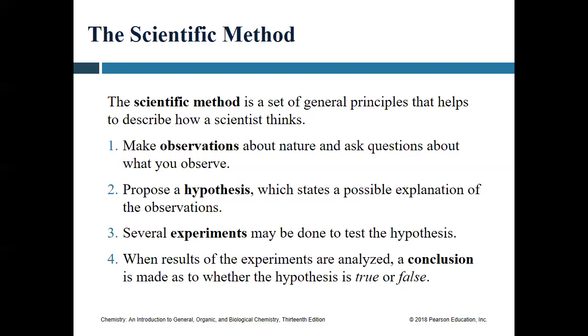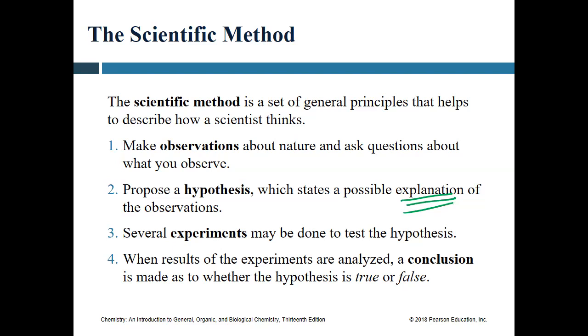But when you go through this kind of methodology, this overall process, there are going to be some steps that you take along the way. One of them is making observations. One of them is trying to come up with some kind of an explanation for those observations. And that's where we come up with this idea of a hypothesis.